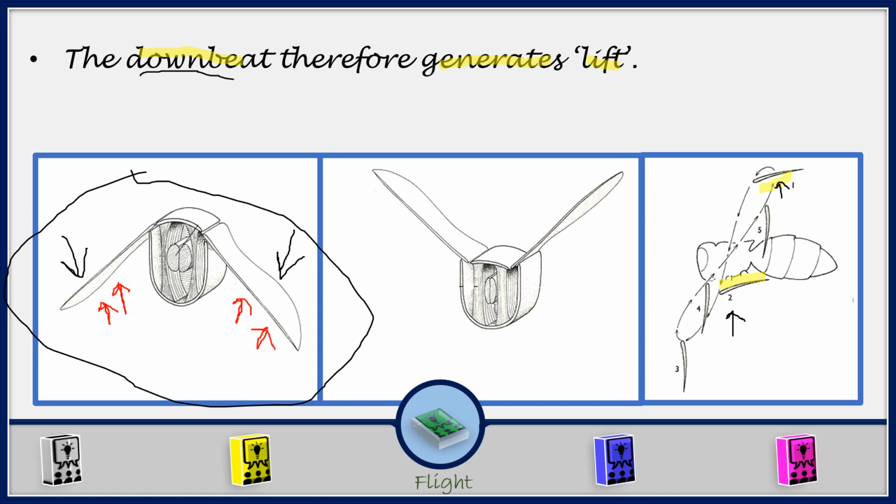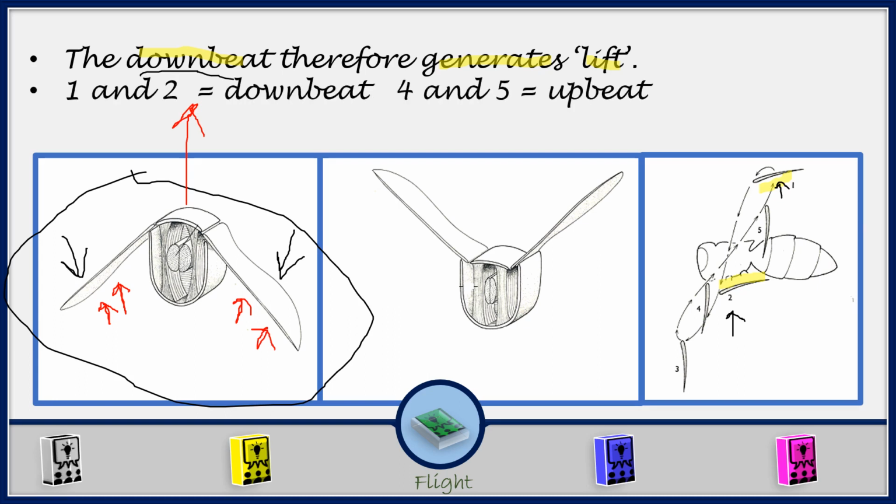So as they provide a lot of resistance, the air which is coming up is going to generate a lift force, and then the insect will be pushed to go upwards. That is what we are calling the downbeat generates a lift.